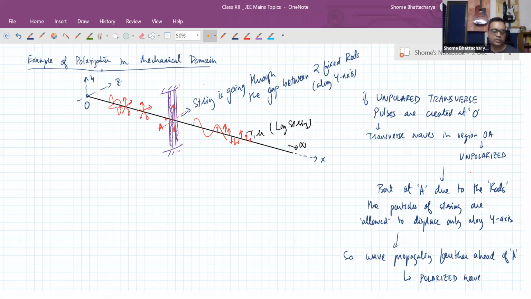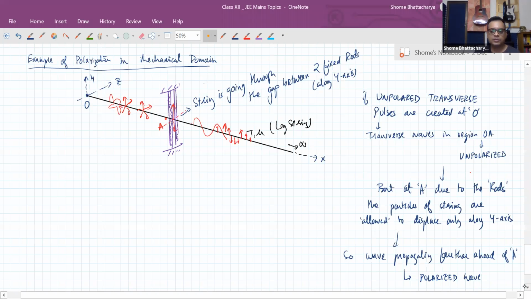So in this case, if you want the polarization axis to be the y-axis, you have to create some situation where inside that particular Polaroid filter, something will cancel the z component of electric field and will only allow the y component of electric field to exist. So we'll discuss how that happens. But hope the mechanical domain example is clear to all of you. It gives you a kind of visual idea of what is happening as the wave passes through a Polaroid, and on the other side of it, a polarized wave is generated.